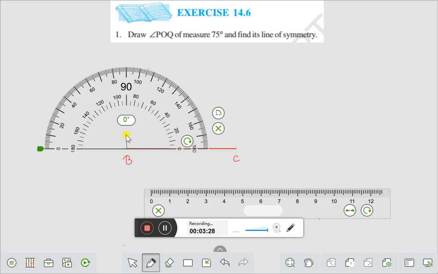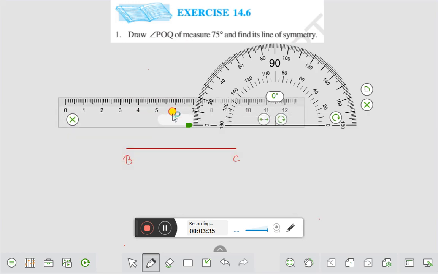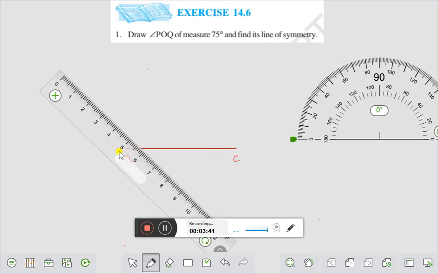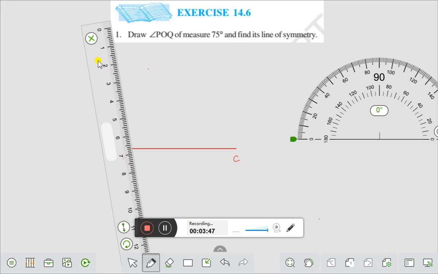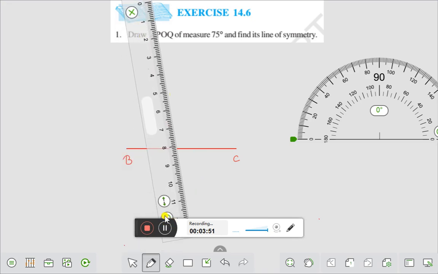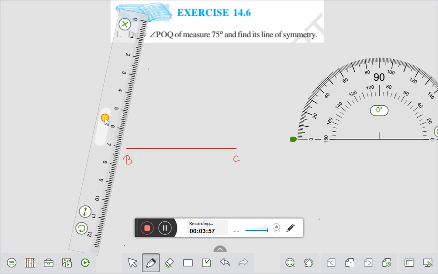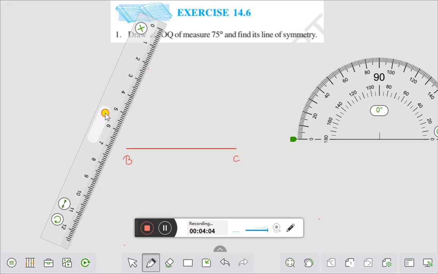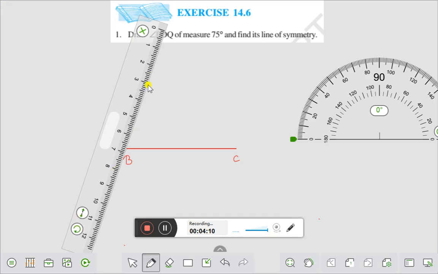Therefore, we will draw this line with the help of scale. You see, this is 75 degrees, right?